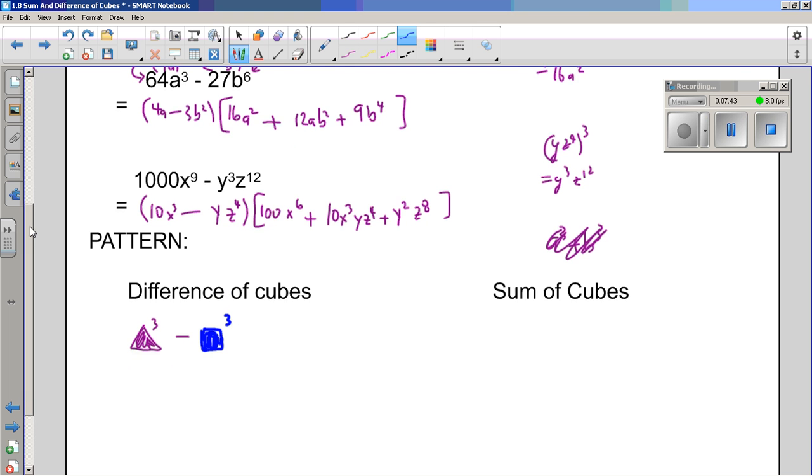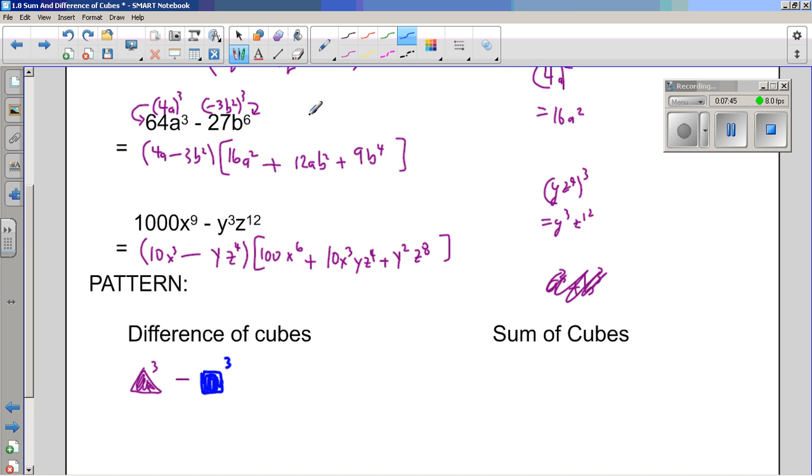And this idea of it's not just an A and a B, that I could think of this as the triangle all cubed, and then this is the square all cubed. And then here's the pattern then.